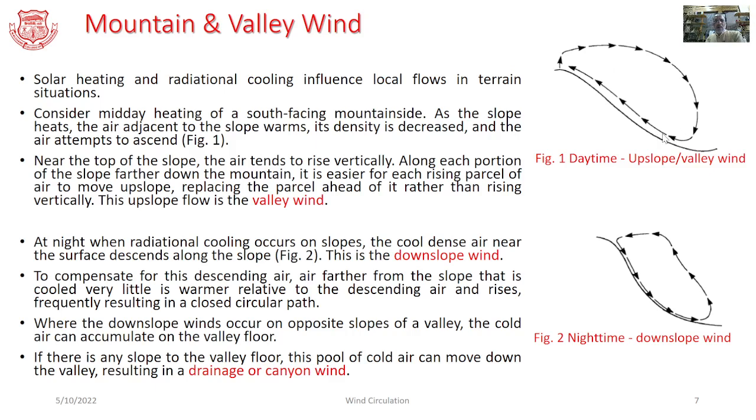However, along each portion of the slope further down the mountain, it is easier for each rising parcel to move upslope, replacing the parcel ahead of it rather than rising vertically. This upslope flow is called the valley wind.